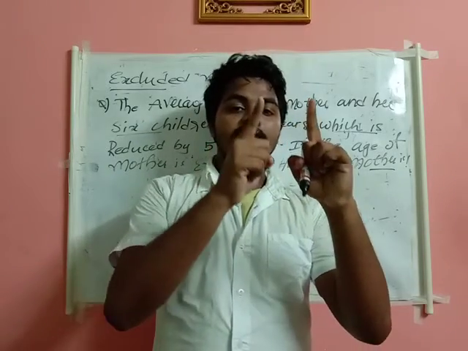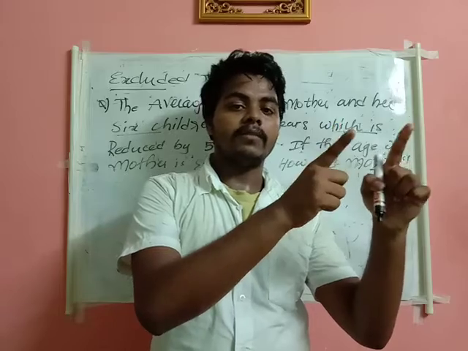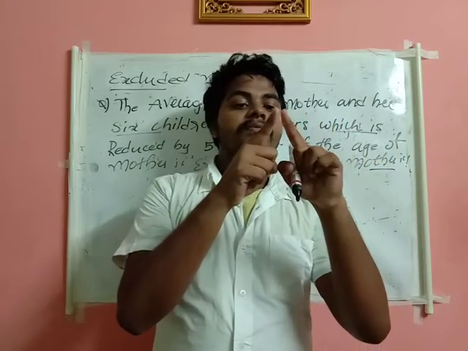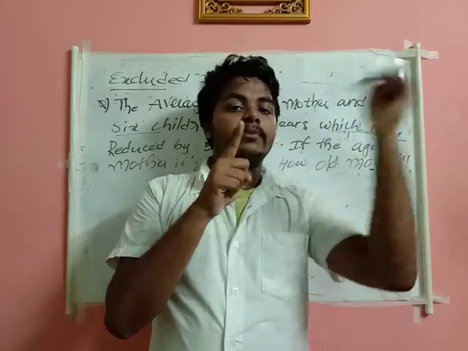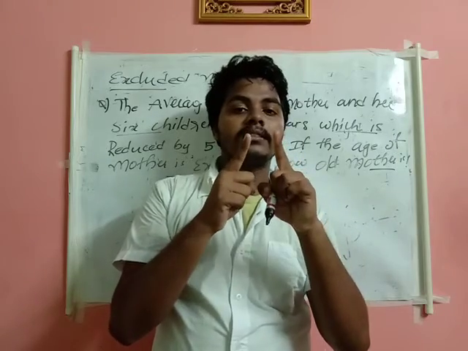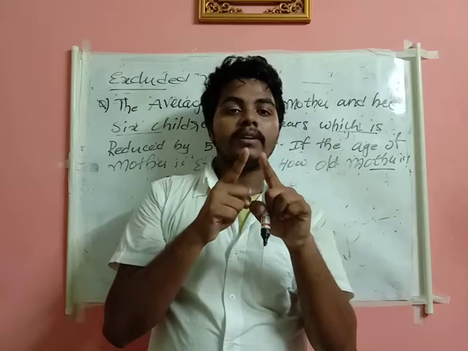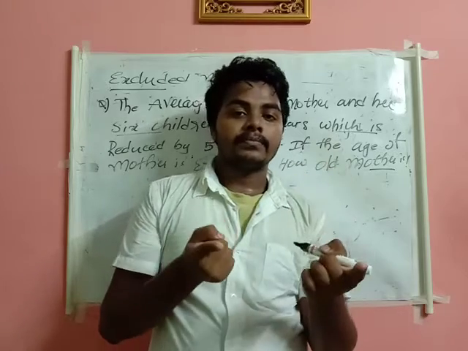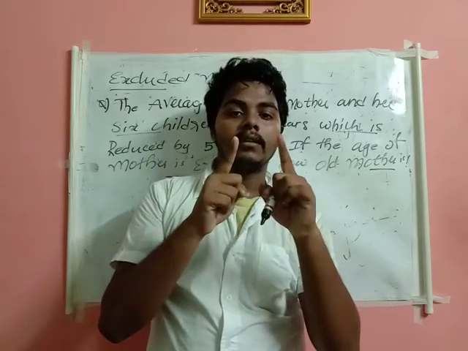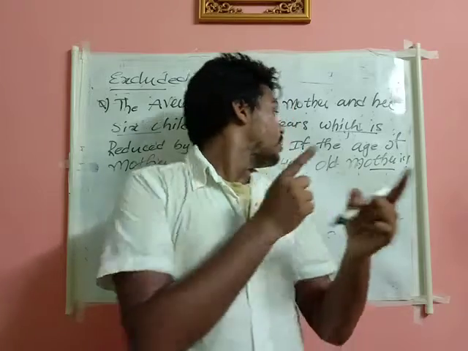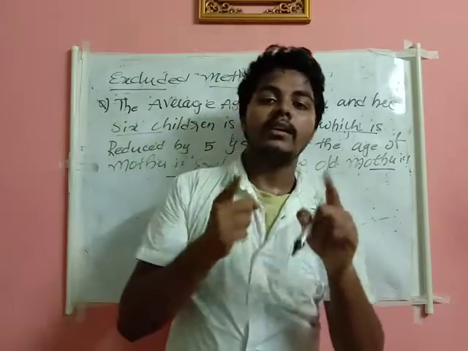A mother and her six children, the average age is 12 years. Now what is it telling? If the mother is excluded, meaning I'm removing the mother, then the average is reduced by 5. He is asking what is the age of my mother.